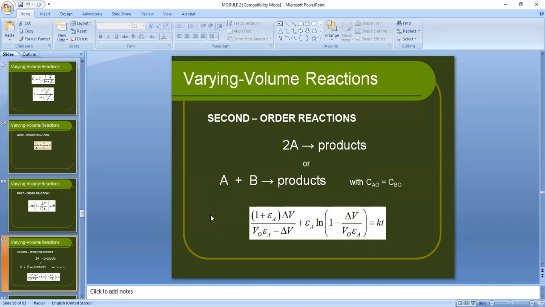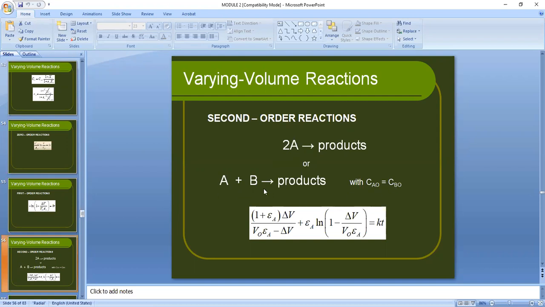Now take note, class, that for the second order reactions, the forms to which this formula is applicable are the forms that you see here on top. So you either start with a single species, or you have two species, but with the special condition that their initial concentrations are equal.